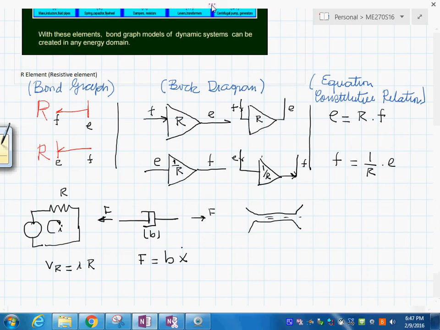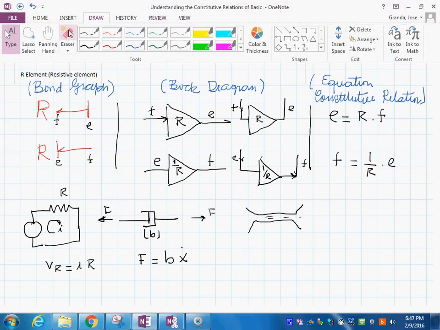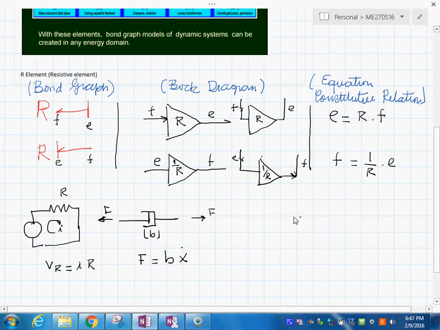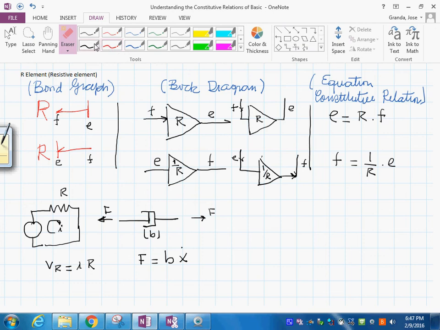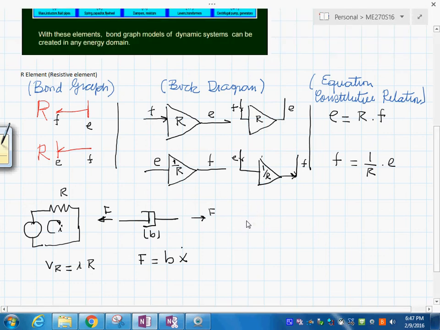Then we know that you have pressure, and then you have flow in here. This is saying that the pressure is equal to the constant for this valve times the volume flow rate Q.